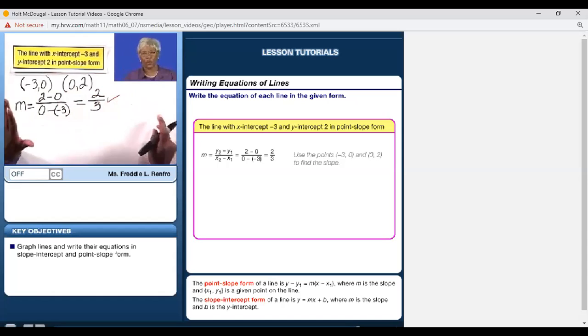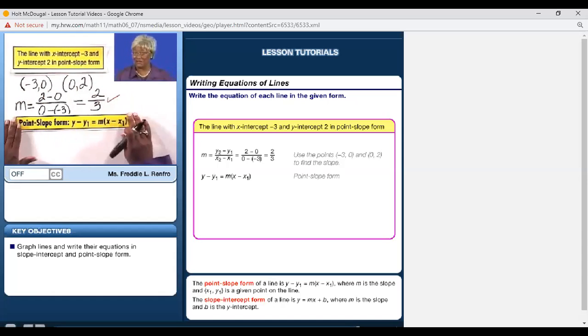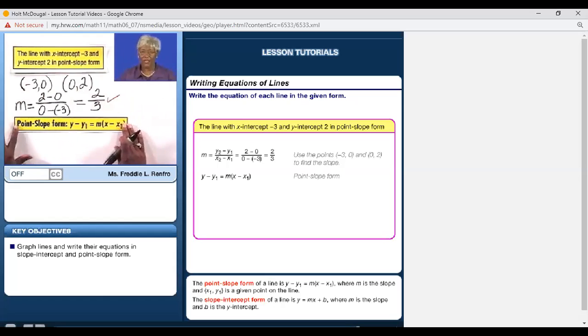Now, it says write the equation in the point slope form. Sometimes I forget these different forms, so let's go back to it. The point slope form is y minus y sub 1 equals m, the slope, times the quantity x minus x sub 1. So let's substitute.